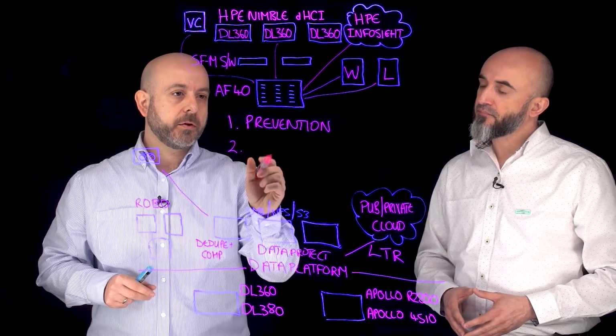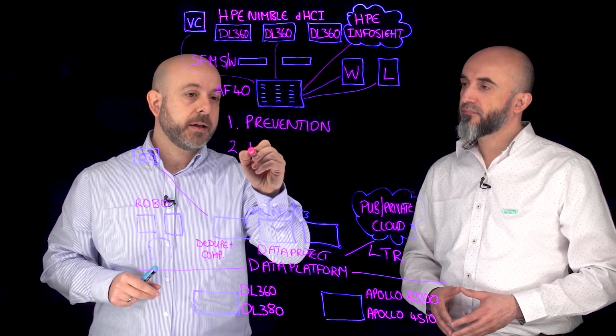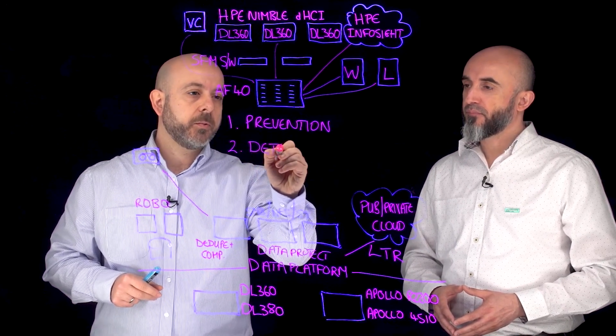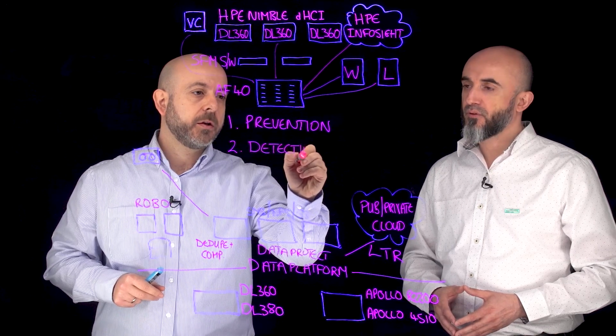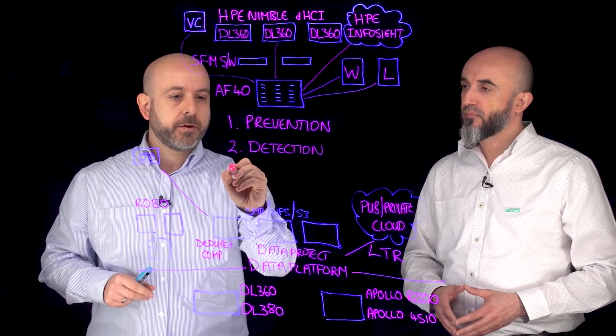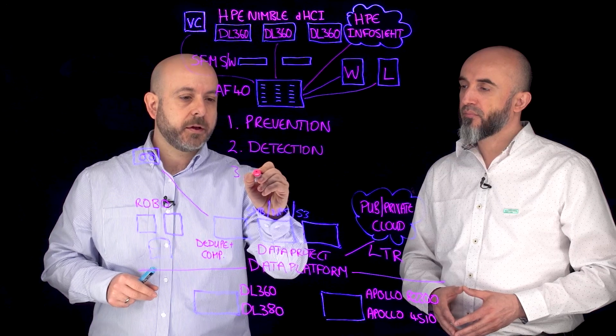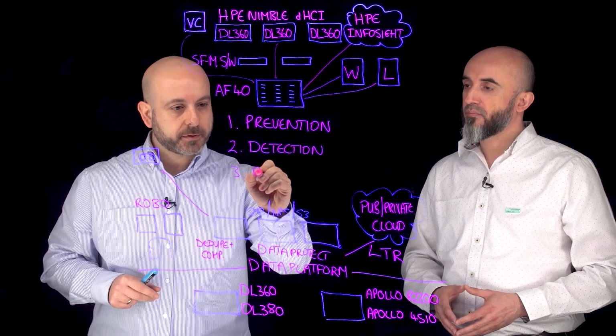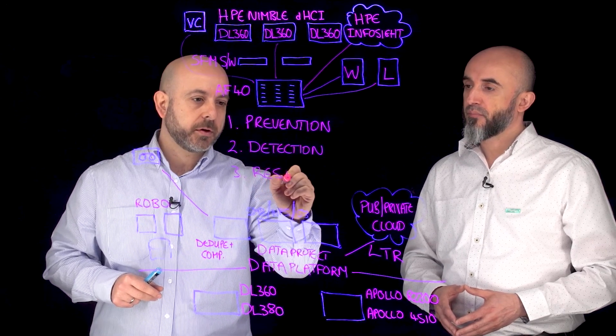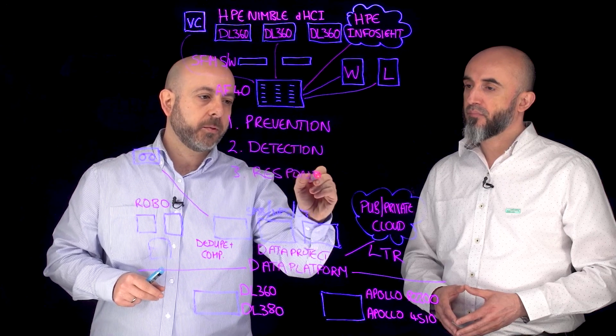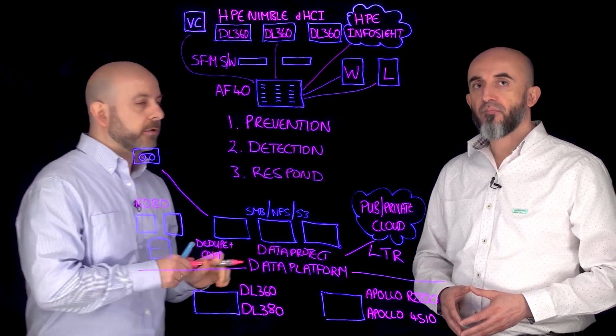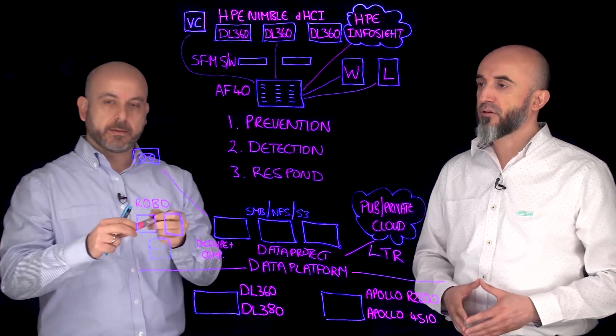The second of those is detection. The earlier we can detect something going on, the better. And the third prong is the response, or respond. And how do we actually deal with something once we've detected it? So from a high level, that's how we approach it.